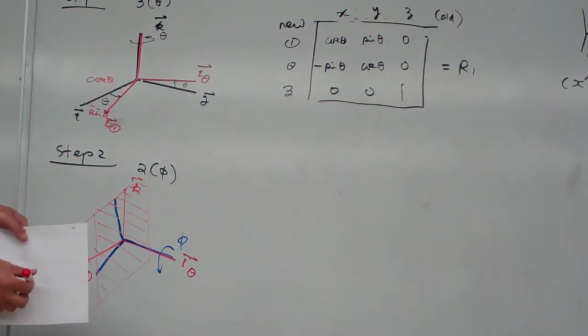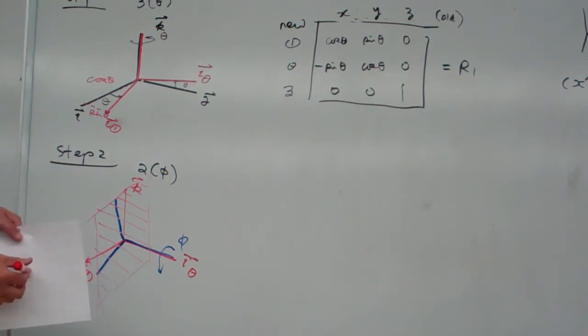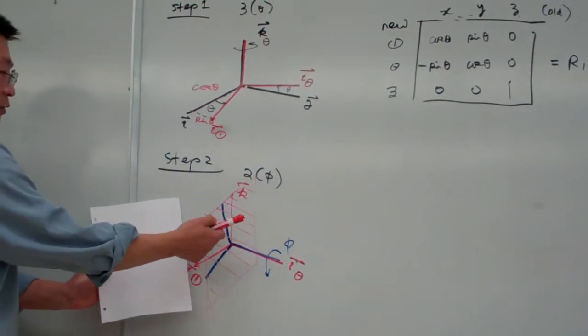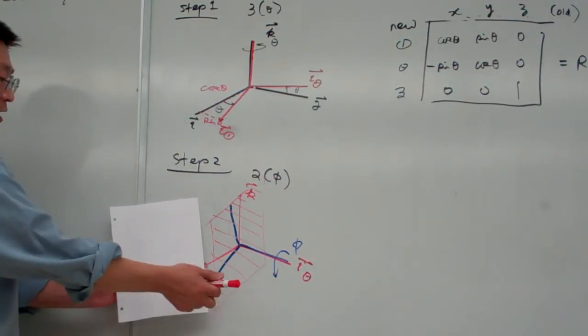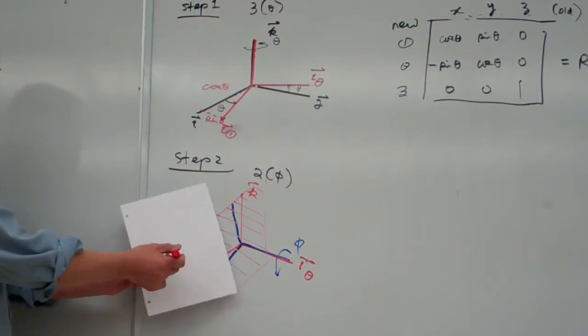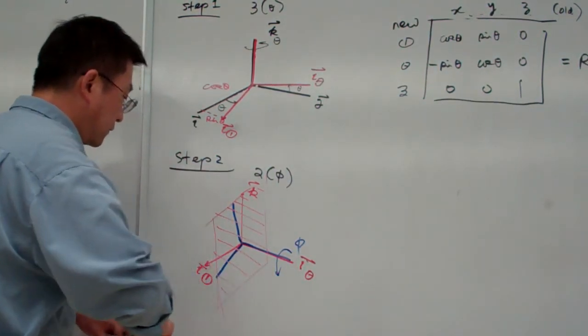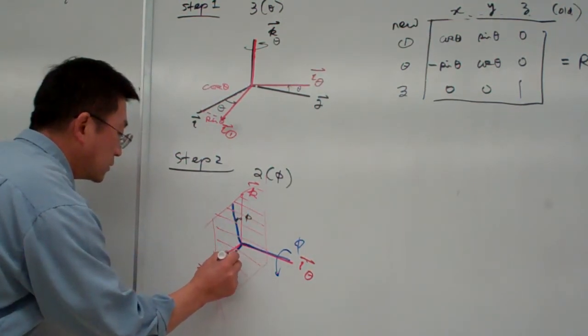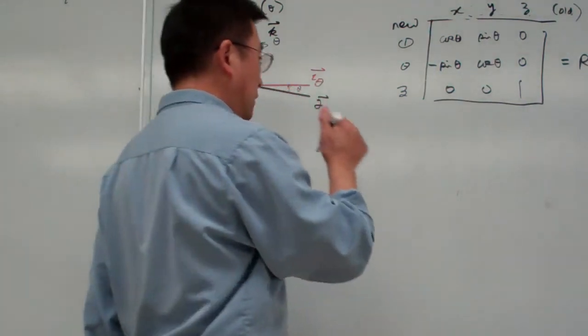So right now simply it will rotate by this. Okay, so here is the i theta axis. This paper represents this hatched plane. So here it will simply rotate by this. Okay, so right now from here, this is phi, and this is phi.